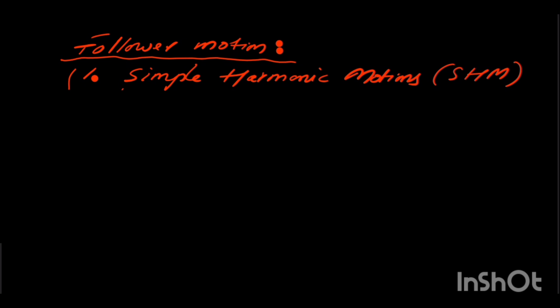In the question it will be mentioned that there is a line of stroke, denoted as S. The line of stroke is also called the size of the follower. In this problem I will explain how to draw the displacement diagram, what values will be given in the question, and how you can understand that question.